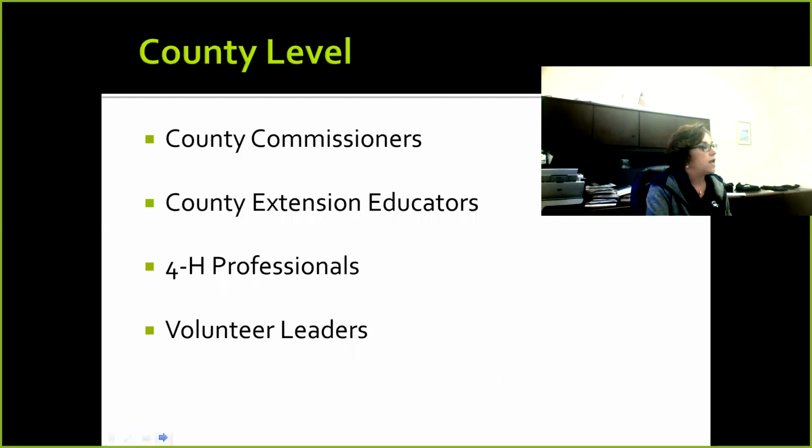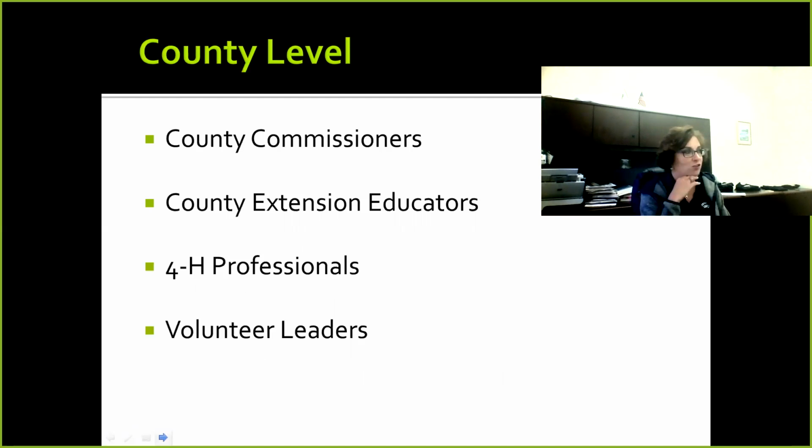All right. And then at the county level, we have many partners, but one of our biggest partners is our county commissioners. That is where we get our county funding from, except for in Stormy's case. She doesn't have a county partner.